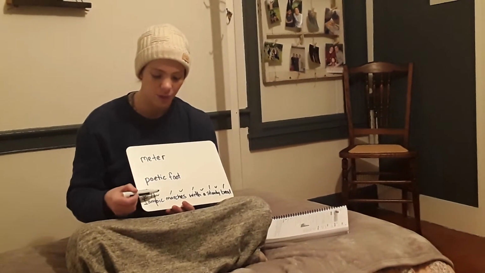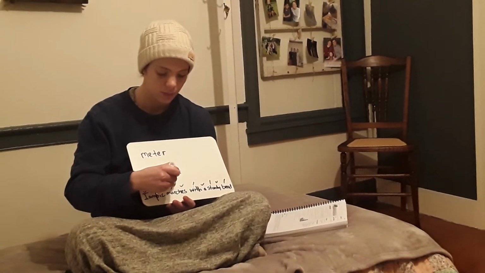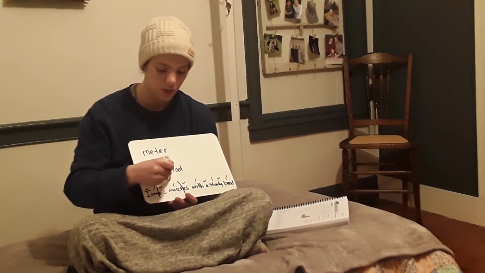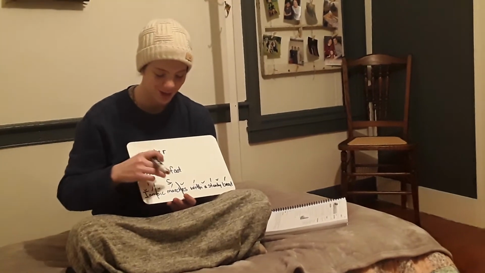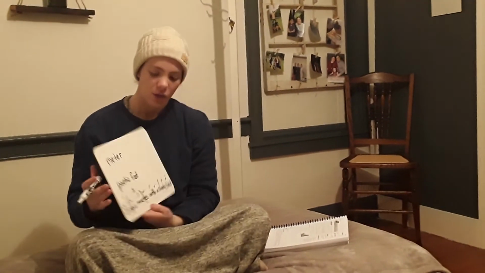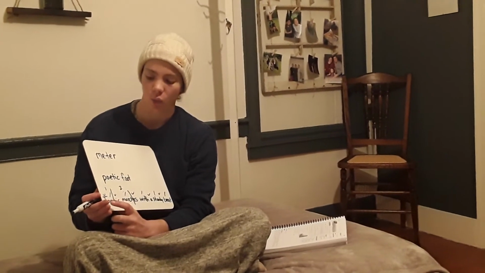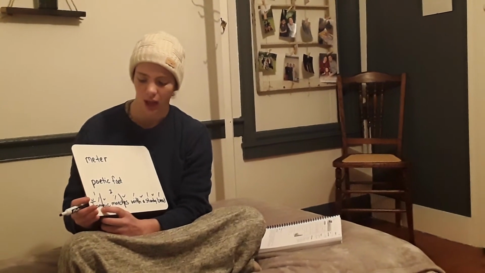The next poetic foot is unaccented mark, accented mark. So that's 2 feet. See how I can write upside down there. All right, not very well. Okay, so a poetic foot, for iambic, is one unaccented and one accented.